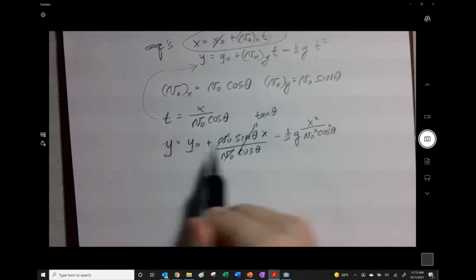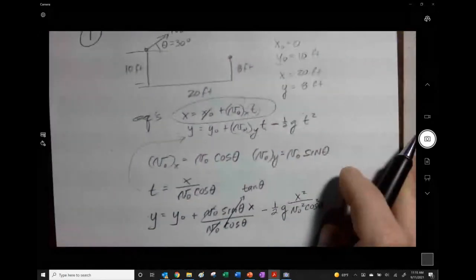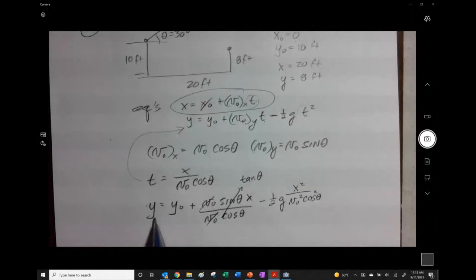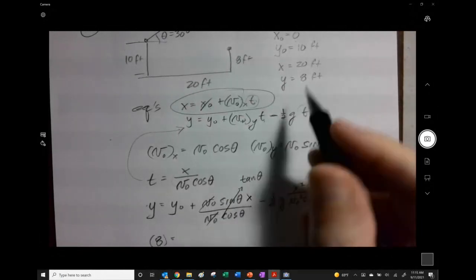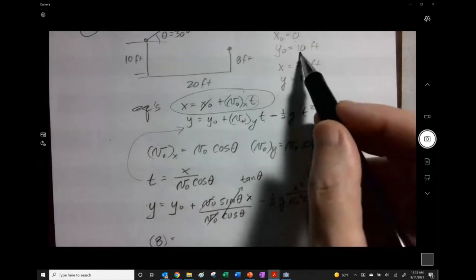And we have a lot of this information, right? So from our original thing here, y is going to be 8 feet. y naught is going to be 10 feet.